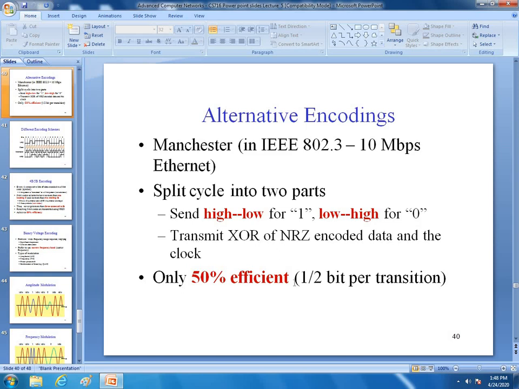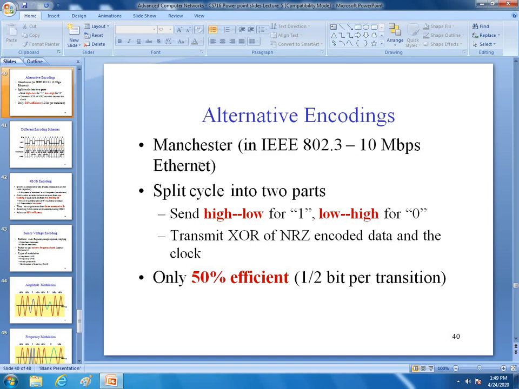However, there is a certain problem, because there is half a bit per transition, or we can simply say you transmit 1 bit across two half cycles. So there is a trade-off between solving all the problems and efficiency. You are not fully utilizing the bandwidth; it is comparatively 50% efficient. This scheme is normally used in the 802.3 standard, or we can say simple Ethernet.